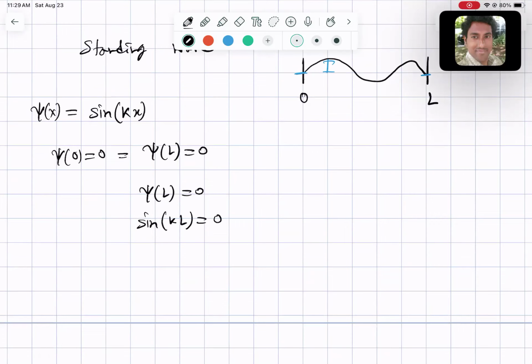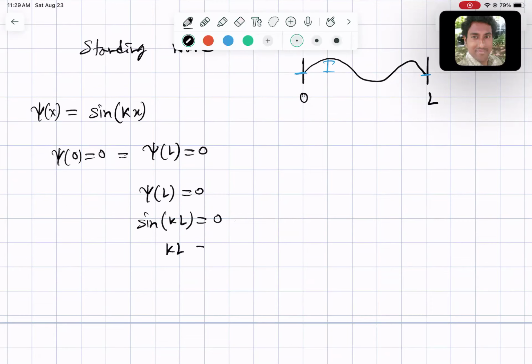And question, when do we have sine equals 0? Sine 0 degree is 0. And sine pi over 2 or 90 degrees is 1. Sine 180 degrees is 0. That means this is just n pi, right? Sorry, not this.